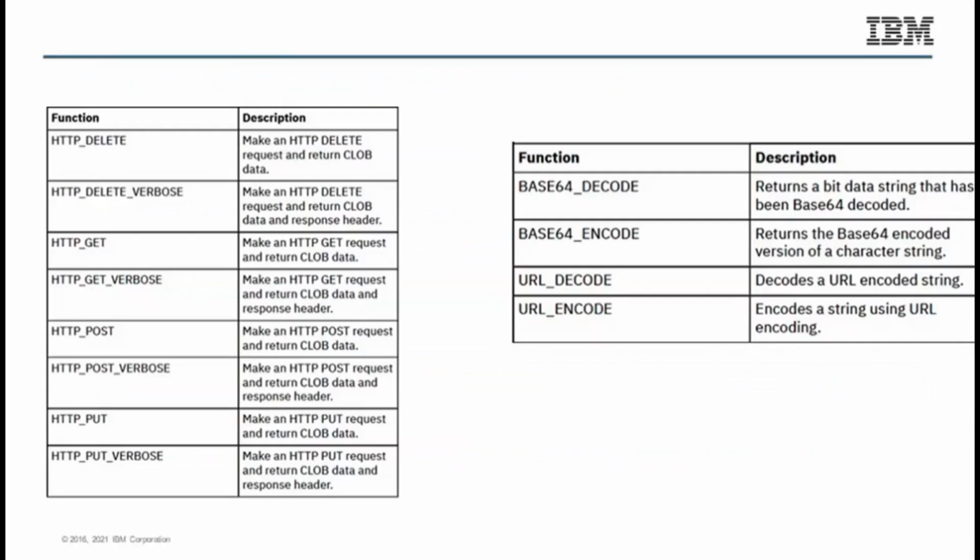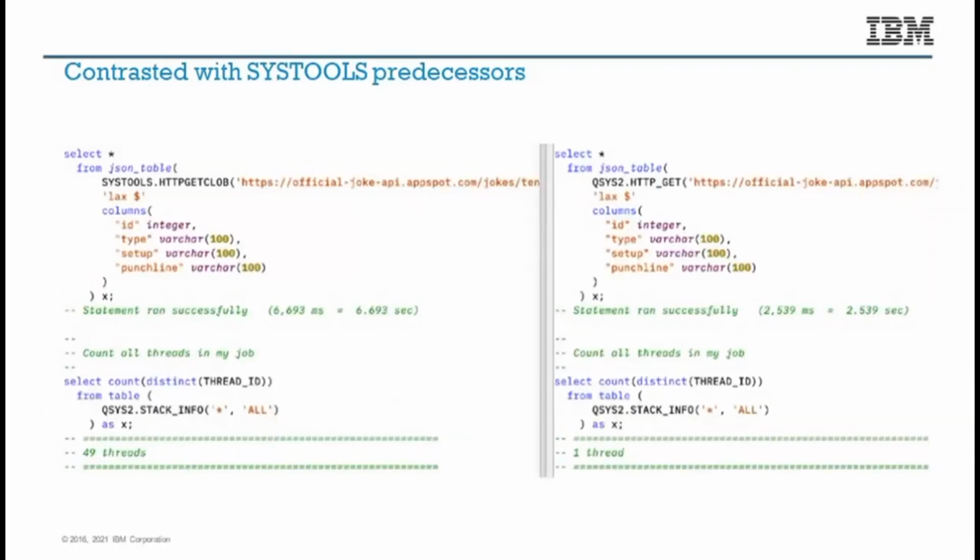And again, you can do post, puts, deletes. There's the verbose flavors, which has extra header information, some utility functions to do decoding and encoding of URLs and things like that. But they don't require Java, which means they're functionally less problematic than their predecessors.